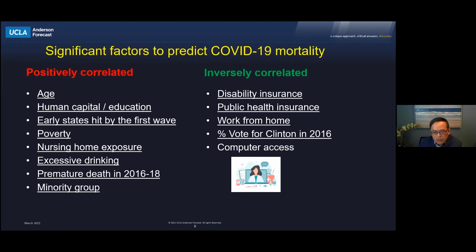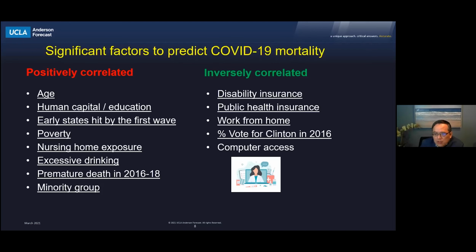And this is a very interesting variable: percentage vote for Clinton in the 2016 presidential election. So this means, I think, a county with more residents voting for Democrat would have a low mortality after controlling all other variables. Yeah, this is very important. So what does this mean?